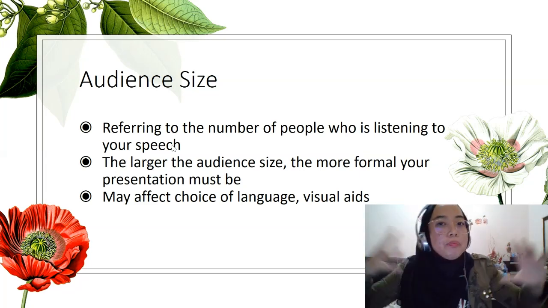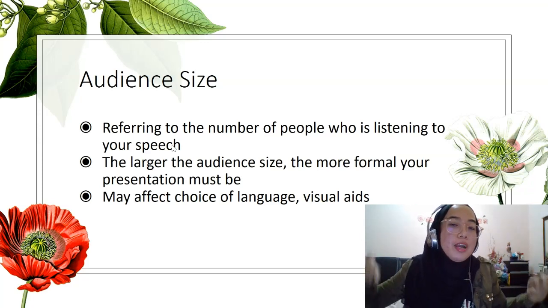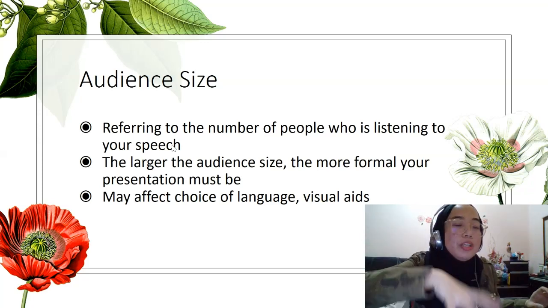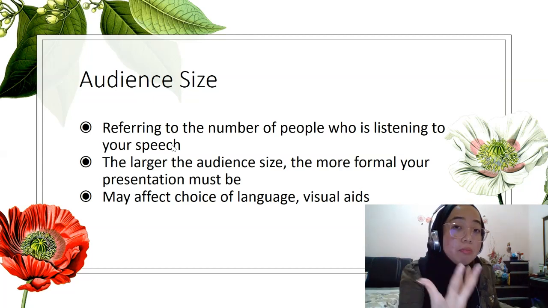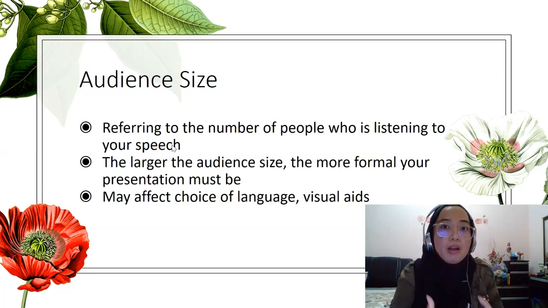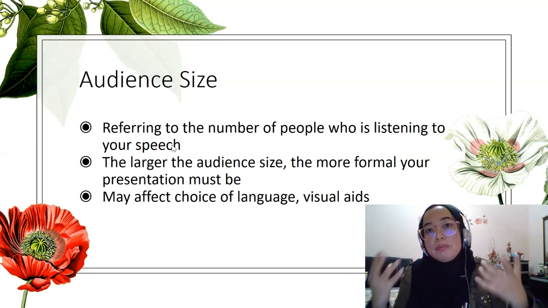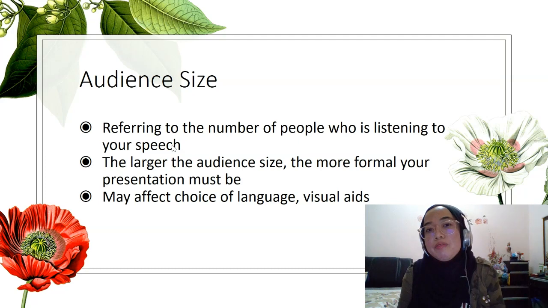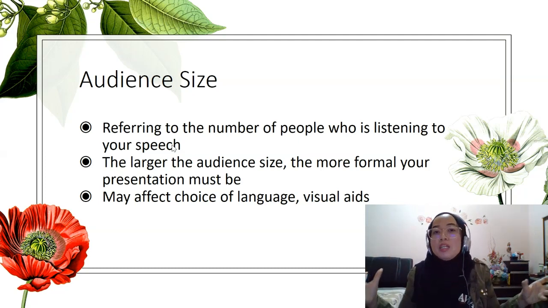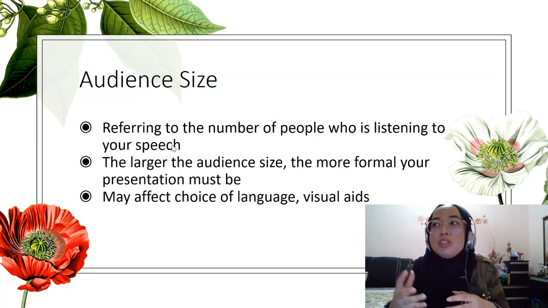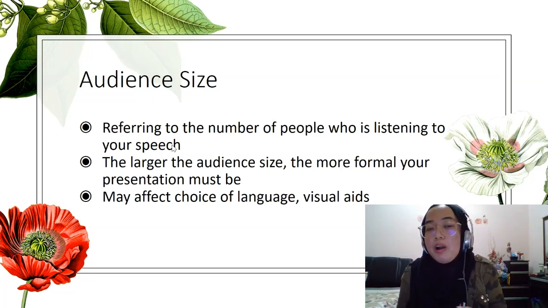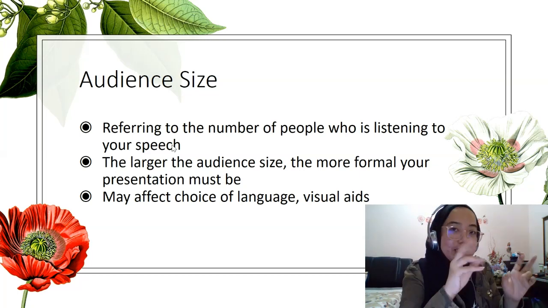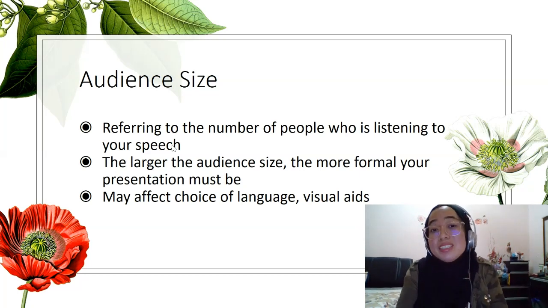Because if you have more people, you have to cater to people from different backgrounds, different ethnicities, different beliefs, different values, and things like that. The best way to avoid conflict is to make your speech a bit more formal, so that you won't offend one audience trying to cater to another audience.